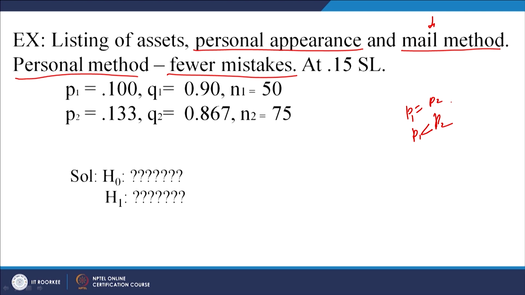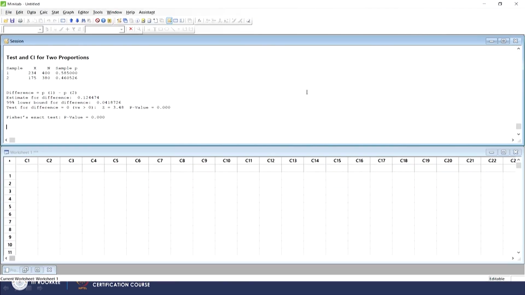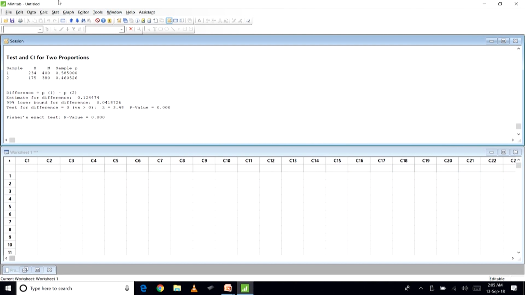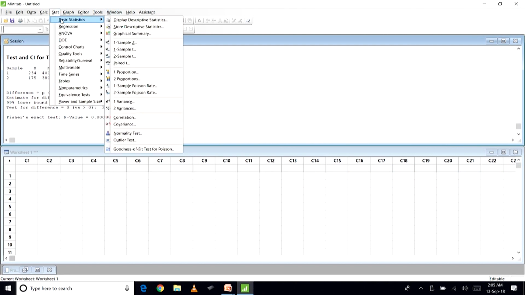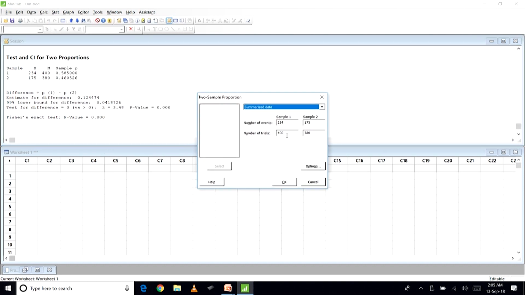So, let us work out this example using Minitab. Keep in mind this is 50 and this would be 10, and this 75, and multiplying these two gives the number of events in this case. So, we will go to Stat, Basic Statistics, 2 Proportions.